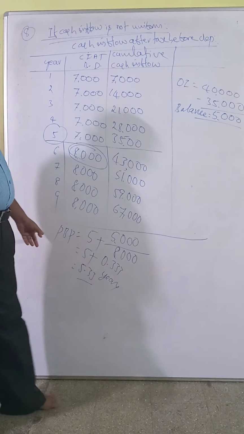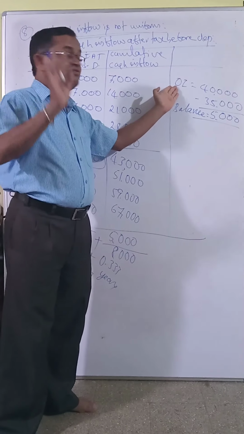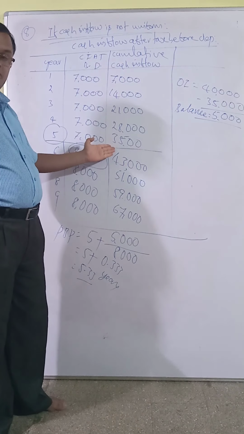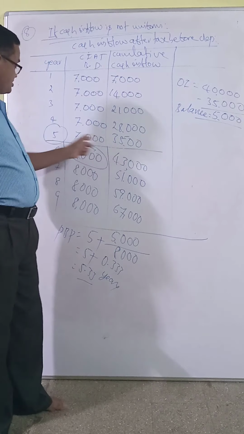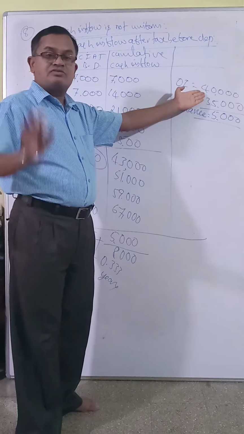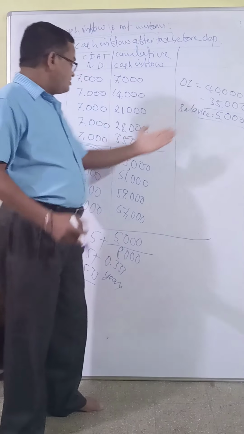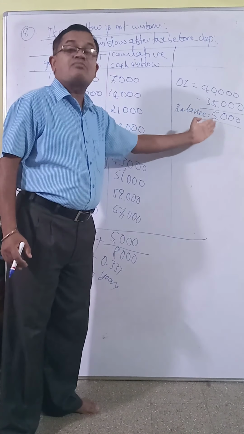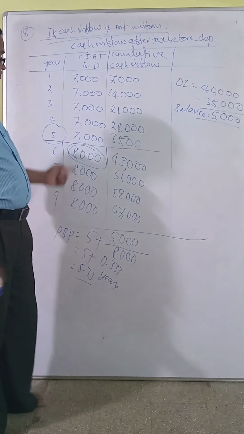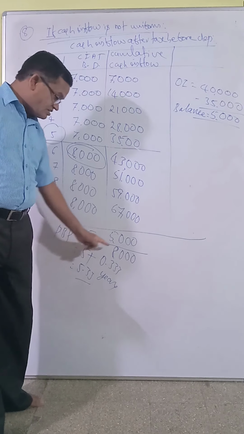See once again, payback period equals 5 years. How did we get 5 years? First compare the original investment, 40,000, with the cumulative column. Don't take 43, take 5 years. Plus the balance required, 40,000 minus 35,000 already recovered, is 5,000, divided by the next year's cash inflow, 8,000.